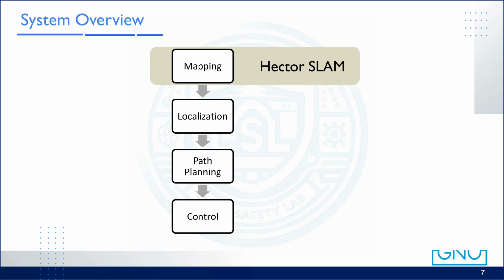To start this journey, we will focus on the very first component, mapping. In this course, we will use HectorSlam, a fast and lightweight SLAM algorithm that works exceptionally well with LiDAR data and does not require wheel odometry. HectorSlam allows us to build highly detailed, two-dimensional maps of the environment.